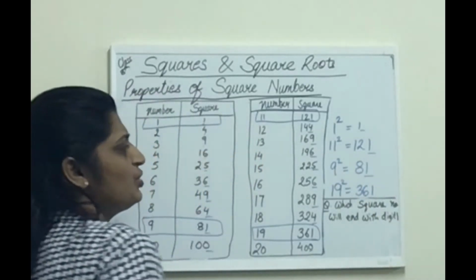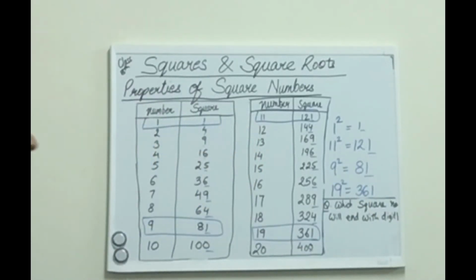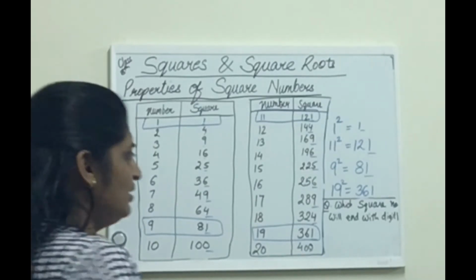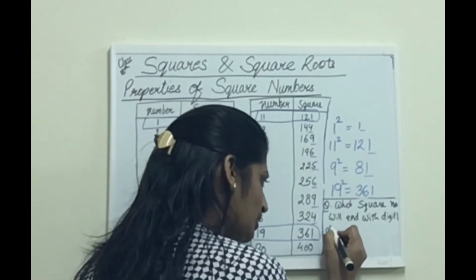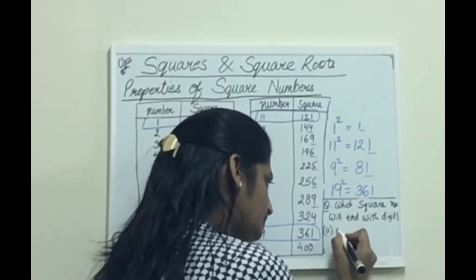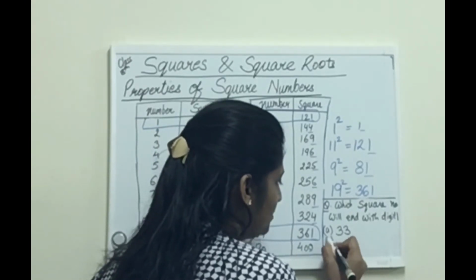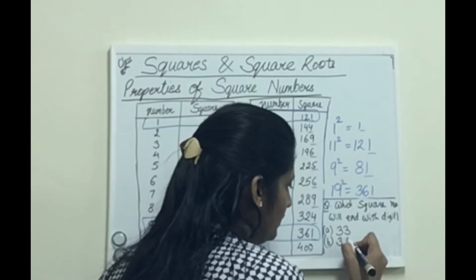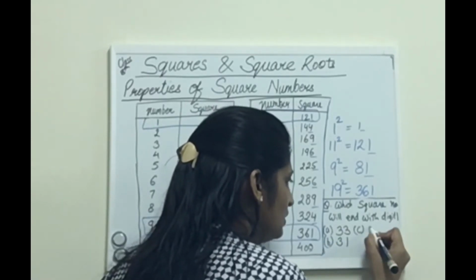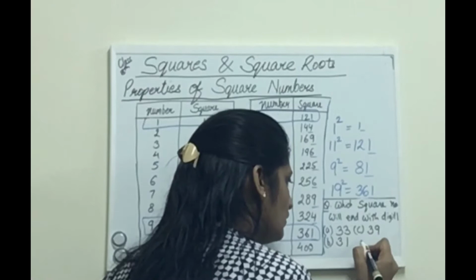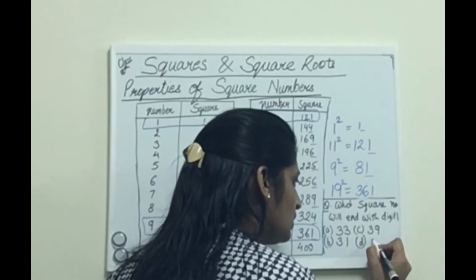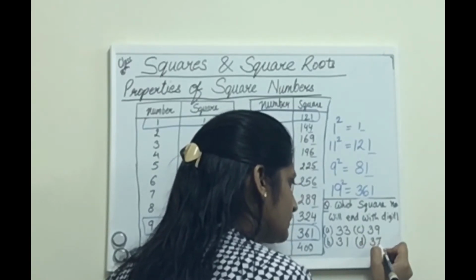Simple, my question to you, straight. Which square number will end with digit 1? And there are options for you. First option 33, second option 31, third option 39, fourth option 37.